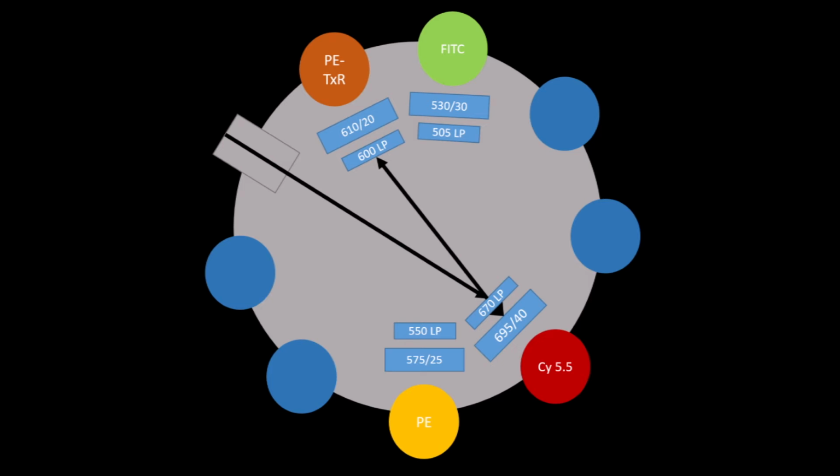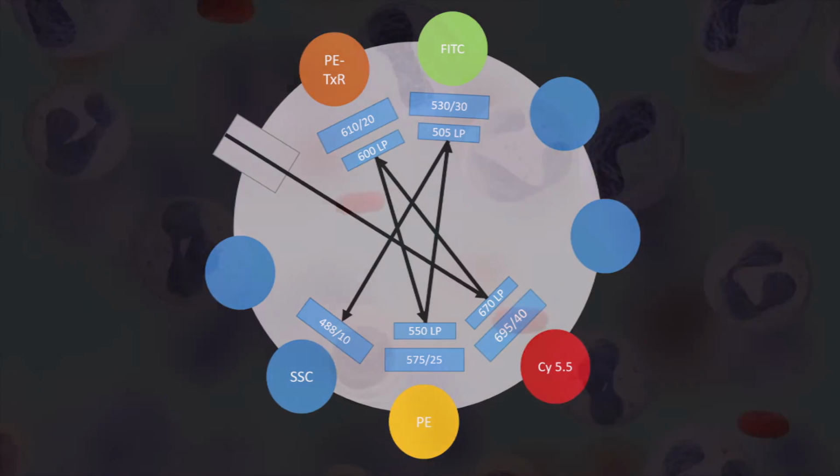The second is a bandpass filter. The numbers mean that, centering on a wavelength of 695 nanometers, we are going to have a bandwidth of 40 nanometers that are going to reach the detector. This is going to happen in each detector. Finally, we are going to have this filter that is going to detect side scatter signal.